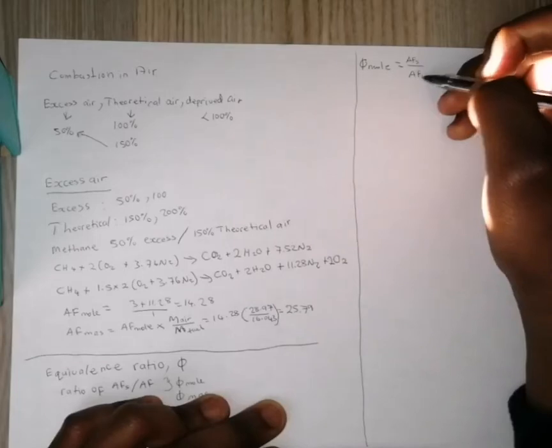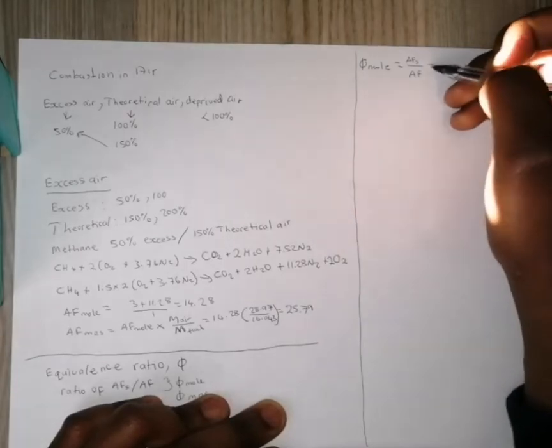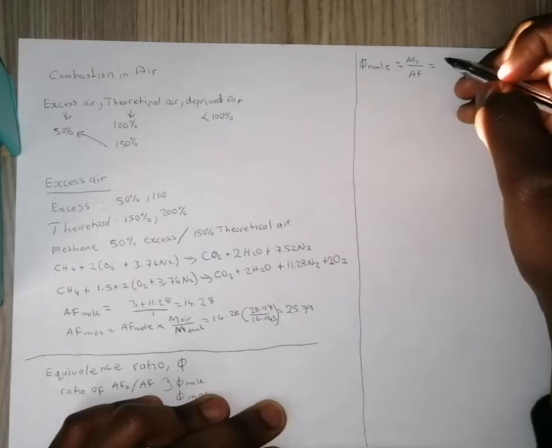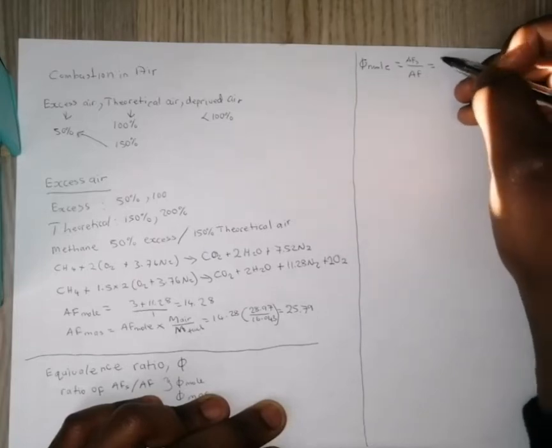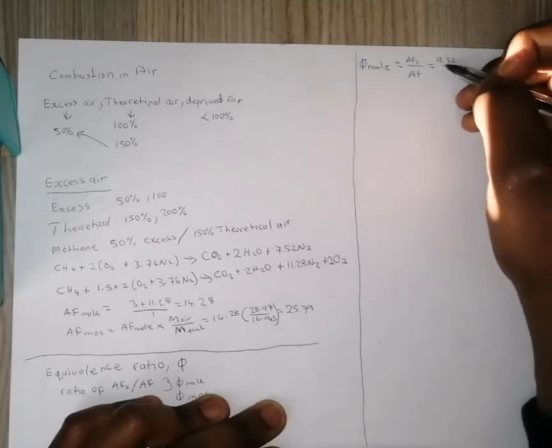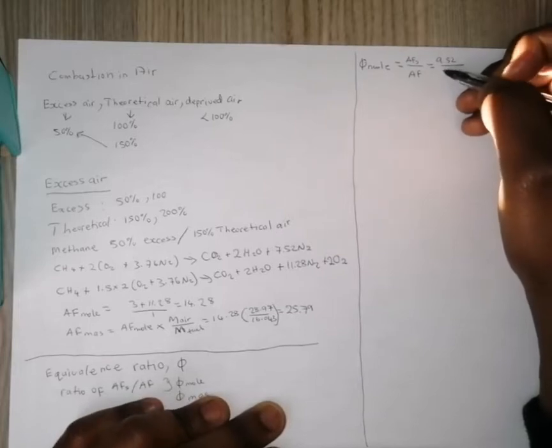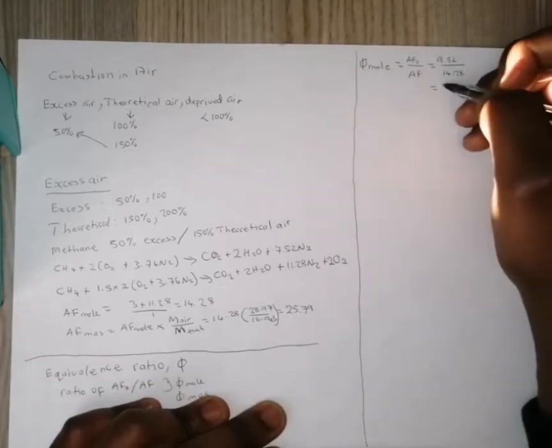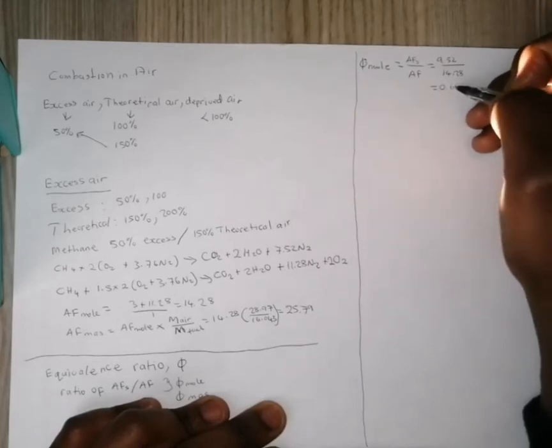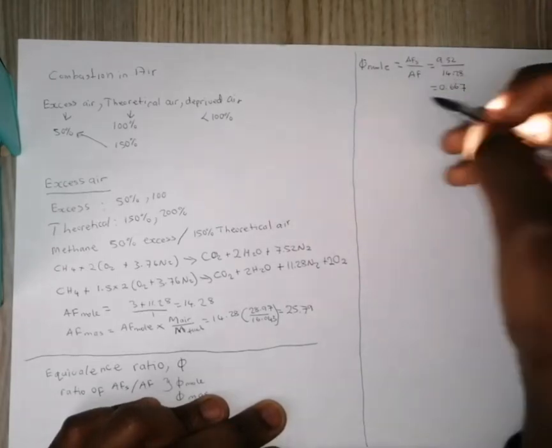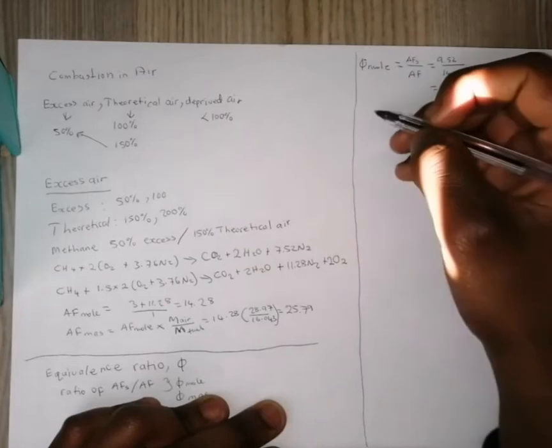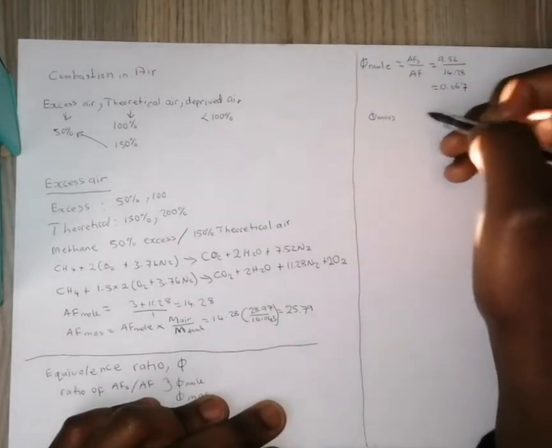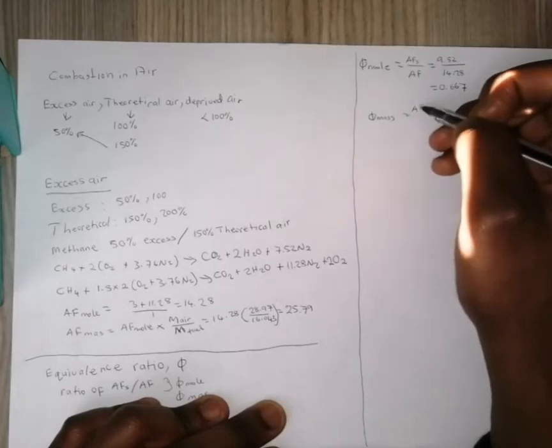So AFS over AF will be equal to 9.52 over 14.28, which gives us 0.667.